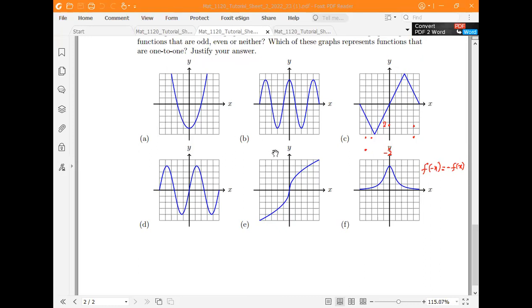So here I've explained that for an even function, even if you take a negative number, you're getting the same value. So if you take this value here that is negative, this is -3, it gives you the same value as +3.